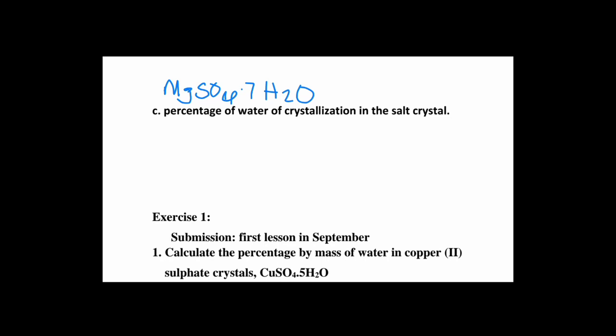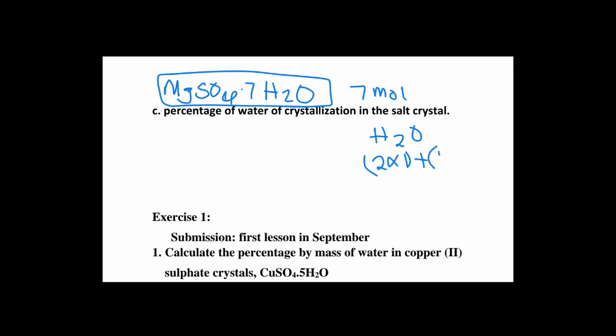The same concept, guys. So in this salt, we have 7 moles of water, and when you calculate the molar mass of water, we have 2 times 1 plus 1 times 16, that of oxygen.